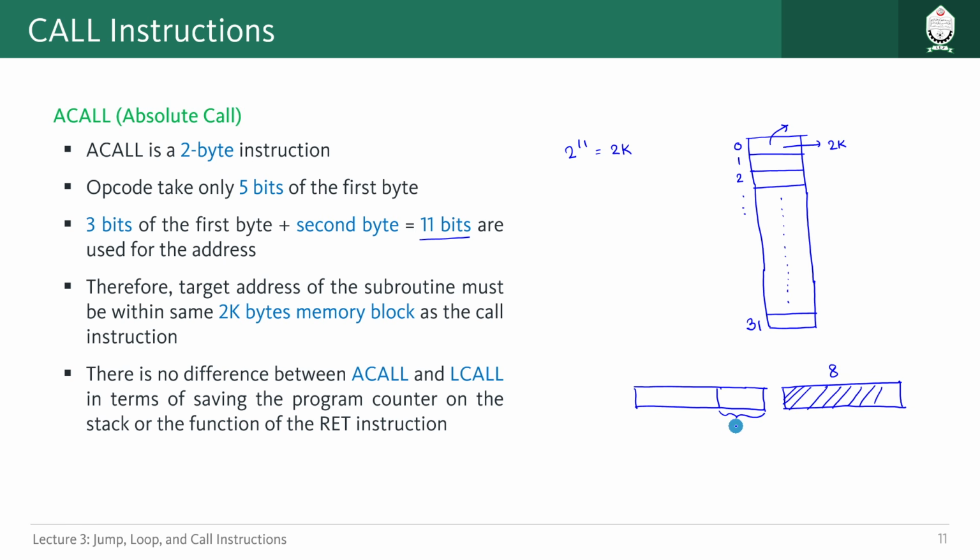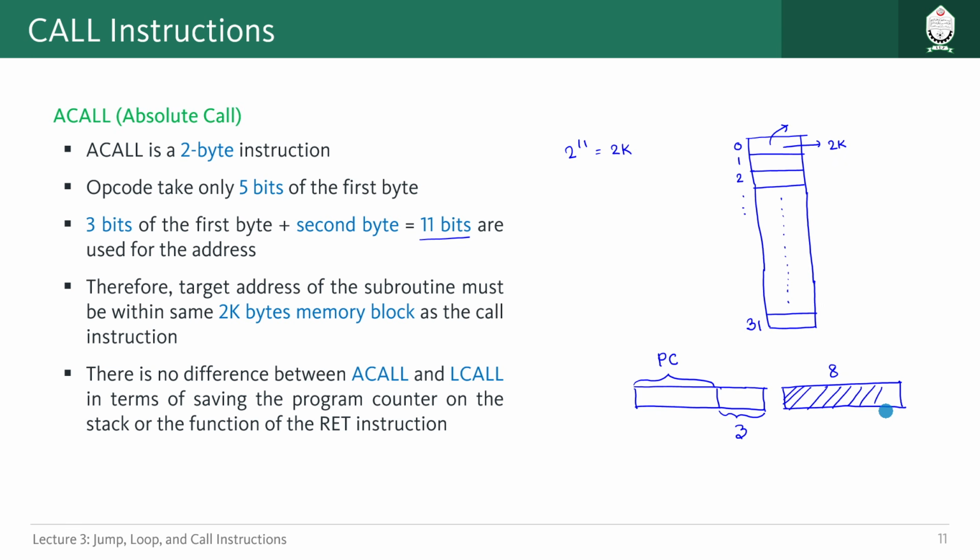So this is 3. So the other 5 will be coming from the program counter. Okay, so currently in the line we are in, the current instruction, based on that the program counter will have some value, the total 16 bits. So the first 5 bits or most significant 5 bits will be taken from PC, and the last 11 bits will be coming from our absolute call.